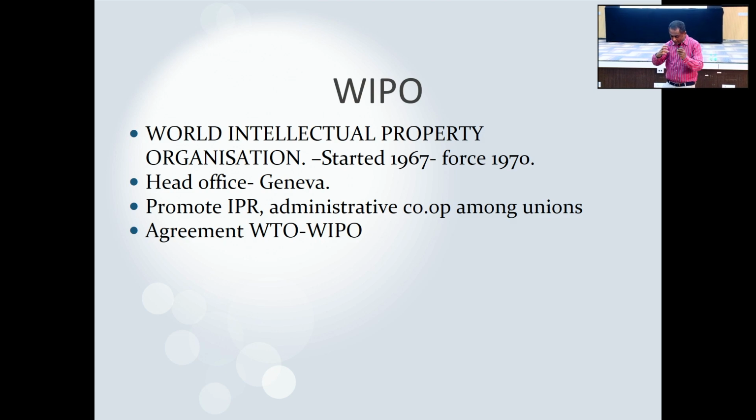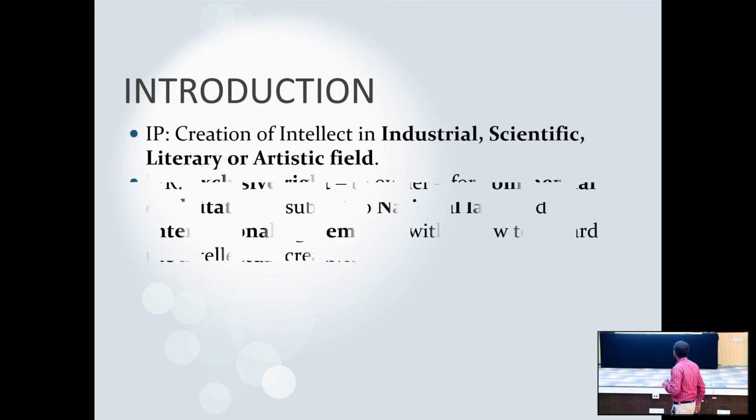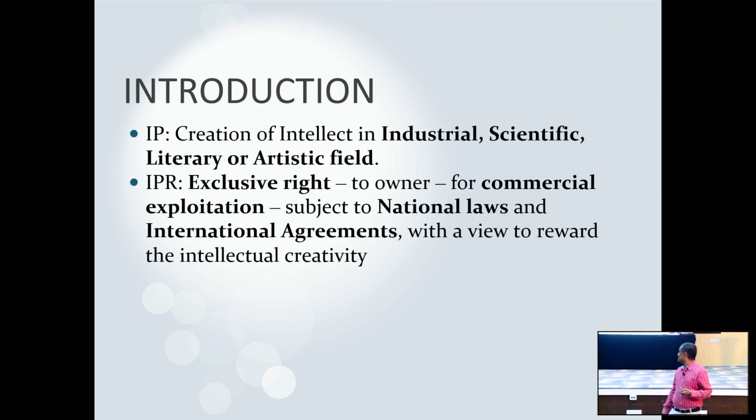Previously the WTO took care of IPR, but now there is a bifurcation between WTO and WIPO in the subject matter each deals with, and intellectual property rights are fully governed by WIPO. IP, intellectual property, is a creation of intellect in the industrial, scientific, literary and artistic fields. Artistic means copyright-related things, literary means writing books, and industrial and scientific means patents.